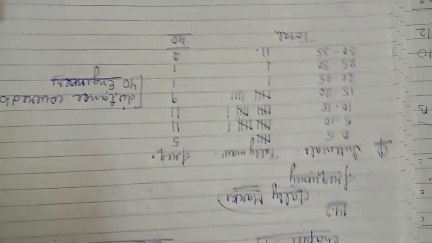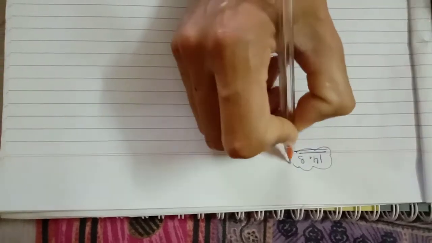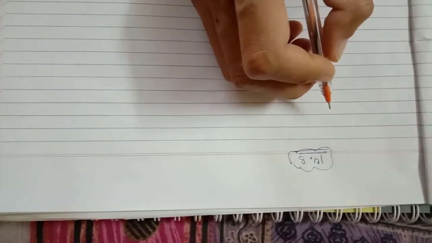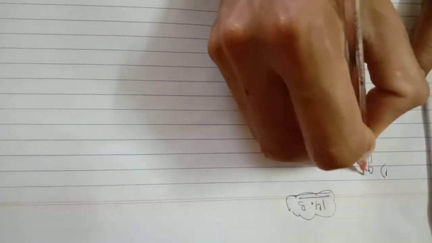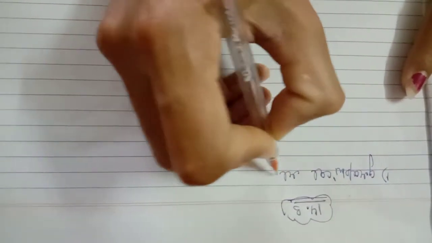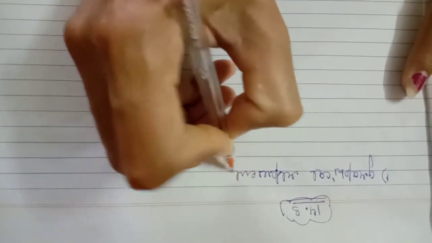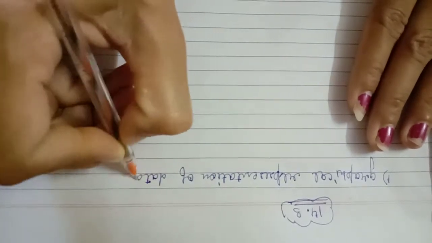And next I am going to discuss 14.3. In 14.3 we are going to explain one thing to you. First is graphical representation of data.